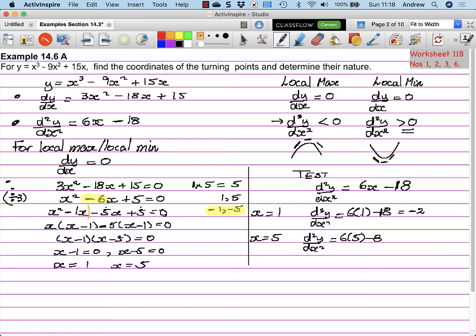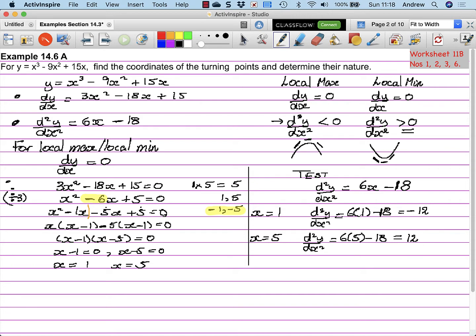Apologies. 6 minus 8 is going to be minus 2. And here it is also 18. So 30 take 18 is going to be plus 12.